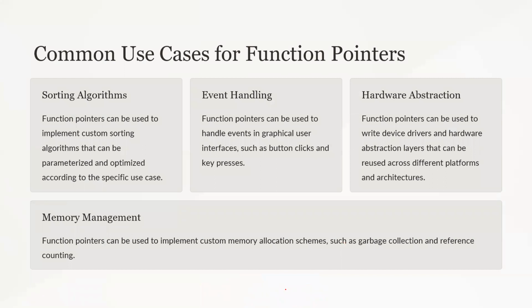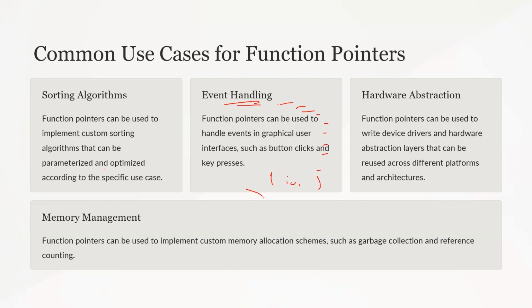So what are the uses of the function pointer? Function pointers are used in sorting algorithms, event handling, and hardware abstraction. Event handling means that based on the event, we can call different function pointers, or one function pointer, but pass different arguments based on the event we have received.